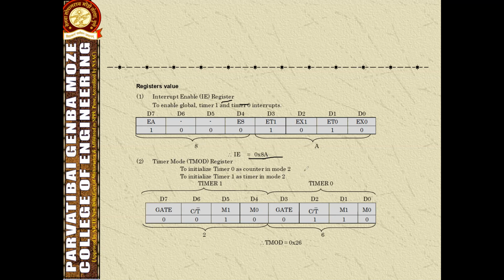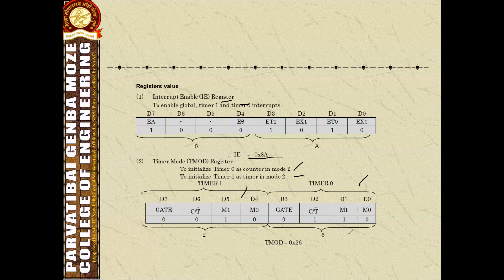How can we select the mode of the timer? Timer 0 as a counter in mode 2 and timer 1 as a timer in mode 2. Both should operate in mode 2, so according to that we have to set or reset the bits. This is the timer 0 and timer 1 set bit.